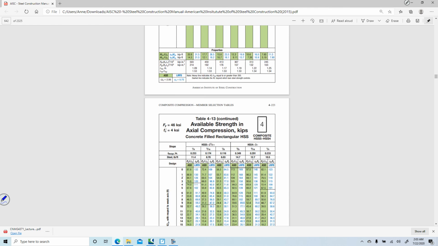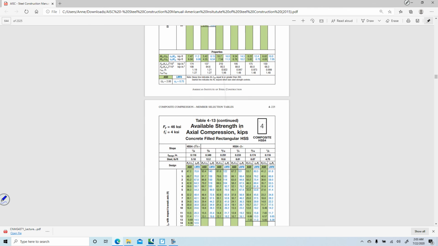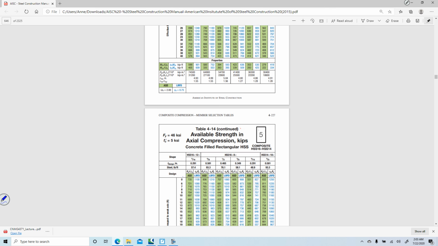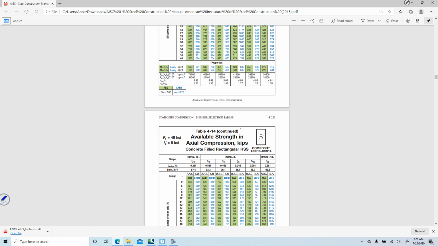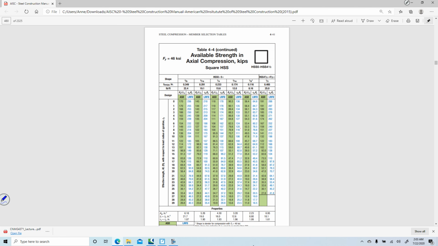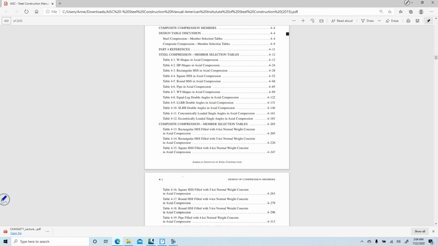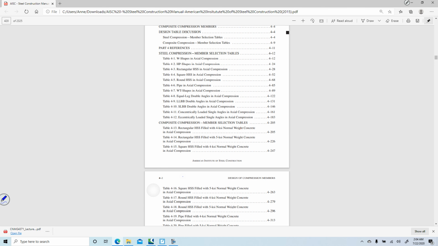I never had the 14th edition, so I don't know. I think I had the 13th edition when I took the P.E. So this is table 4-14 in the 15th edition.